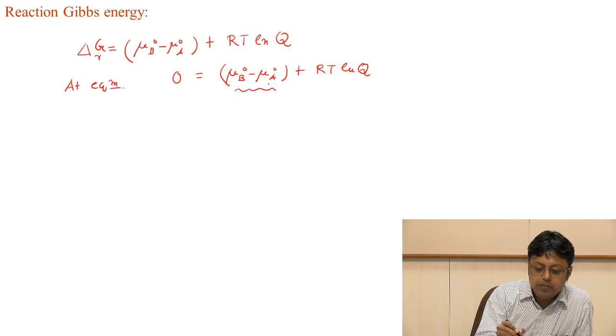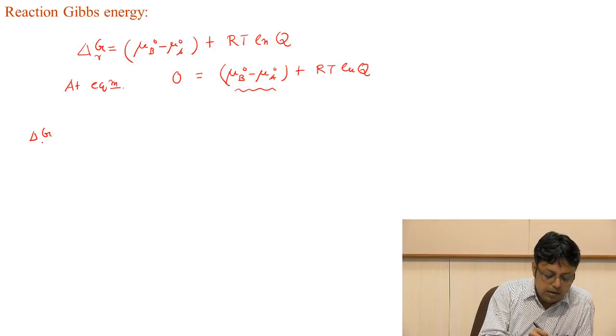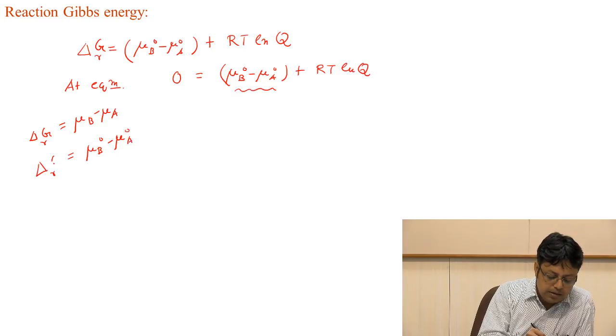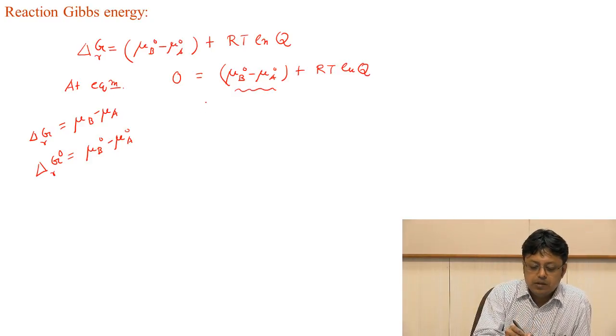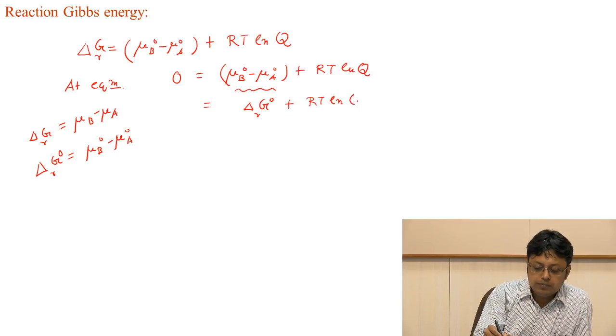Now look at this equation. Usually the delta Rg is nothing but mu B minus mu A. So the quantity mu B0 minus mu A0, we can call the standard reaction free energy. So we can write it as the standard reaction free energy plus RT ln Q. And at equilibrium, remember that this is Q at equilibrium.